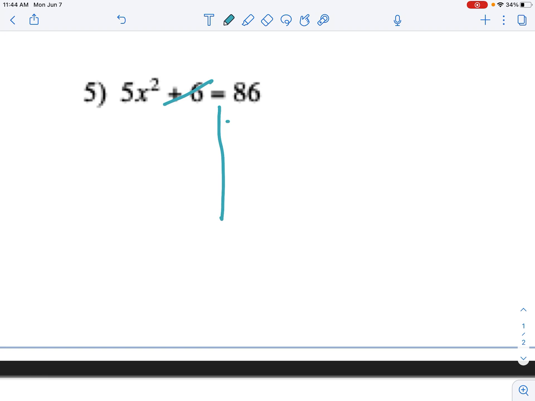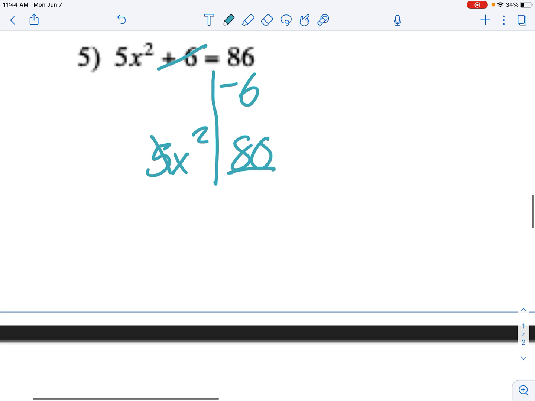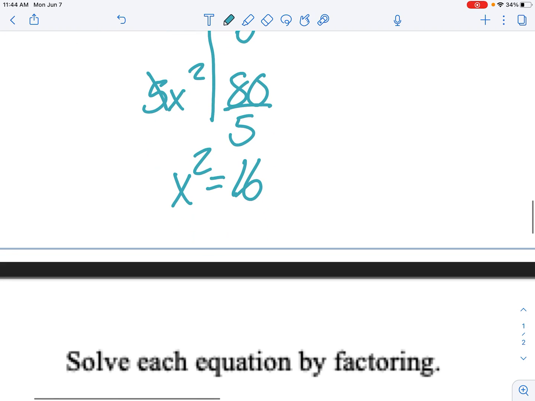All right, let's move on to number 5 here. I draw my line of separation. I need to get my quadratic by itself, so I get 5x squared. 86 minus 6 is 80. The opposite of multiplying by 5 is dividing by 5, so I get x squared is equal to 16, as a matter of fact. The opposite of squaring is square rooting.